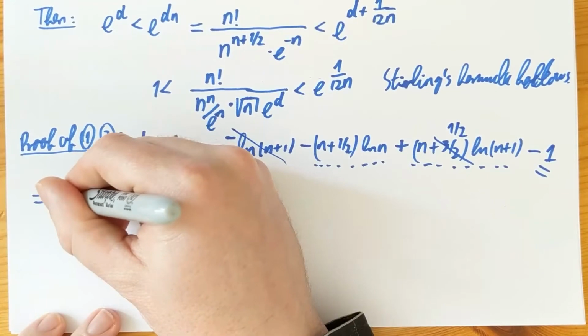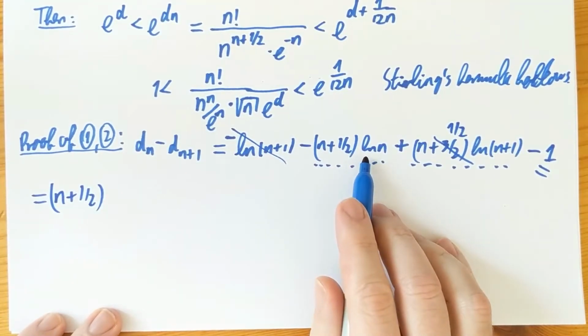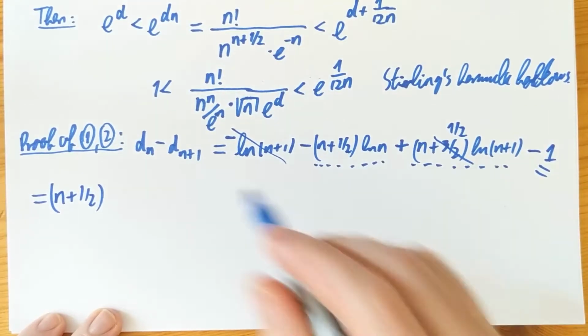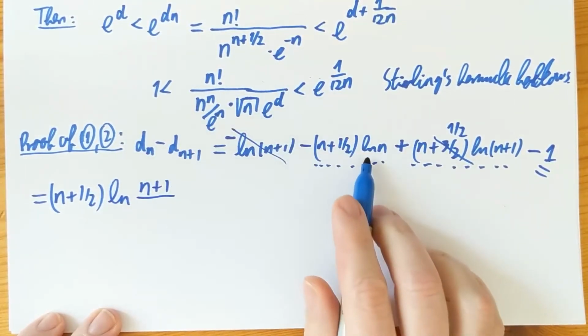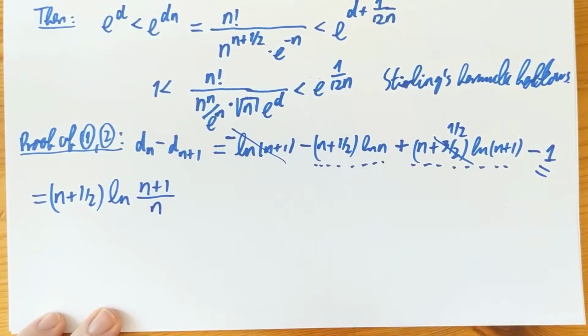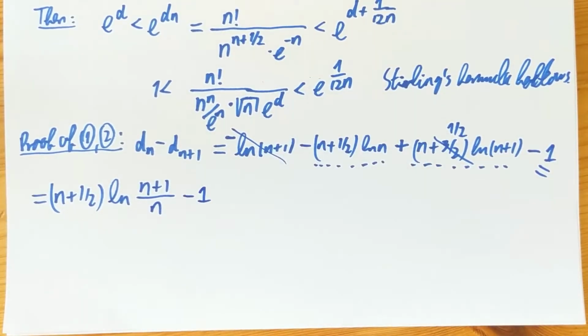So n plus 1/2. And I have a log of n with a minus and a log of n plus 1 with a plus. So I'm going to start with the log of n plus 1. And if I subtract the log, that's the same as dividing with stuff inside the log. And I get to this expression here.